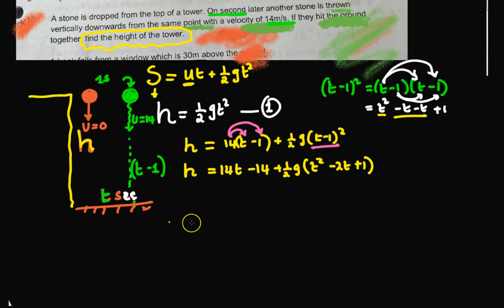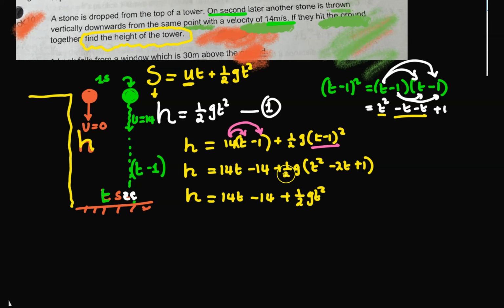Now we need to open the bracket further so that we can simplify our equation to 14t minus 14 plus a half gt squared.